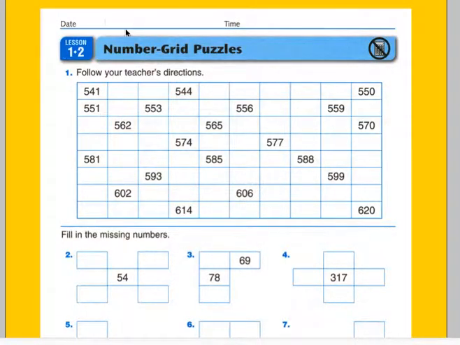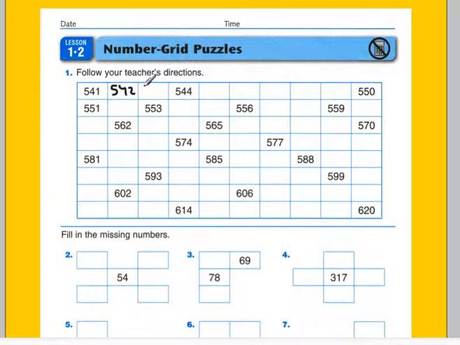If we look at a number grid puzzle, and this is something that you'll see in your math journal that you'll have to use today, we can go ahead and look at this chart and just watch what I'm doing right now. It can also start at any number, but you know the rules now, that every time we go over, it has to increase by 1. So if we start at 541, you would have to do 542.